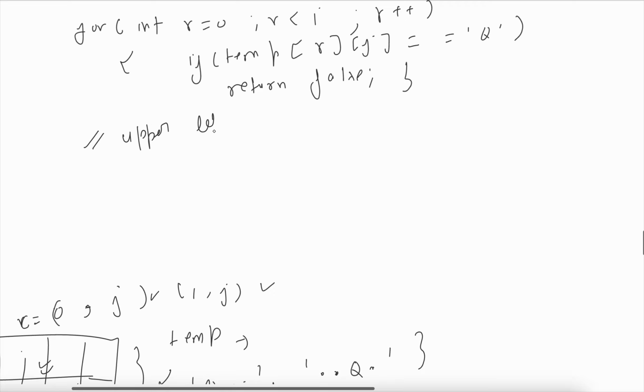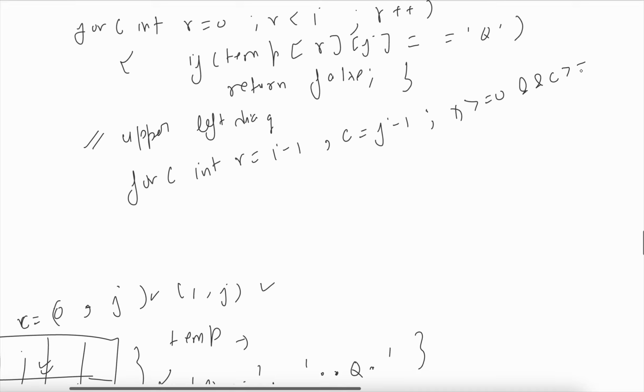Then the upper left diagonal. This time our r is i minus 1 and our c, meaning column, is j minus 1. We will move while r is greater than or equal to 0 and c is greater than or equal to 0. We will decrease these every time.